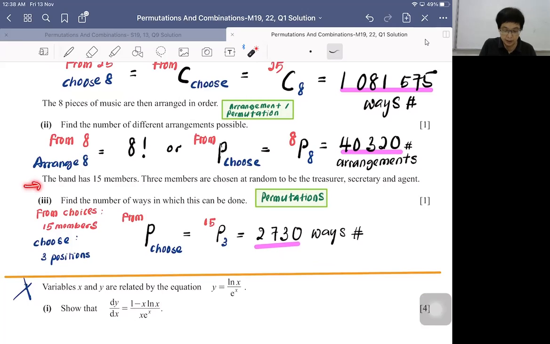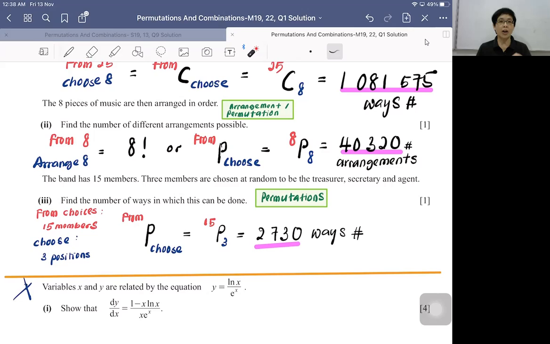Okay, now we move on to the third scenario. It's mentioned here, the band has 15 members and 3 members are chosen at random to be treasurer, secretary, and agent. Okay, here we just have to be a little bit careful.